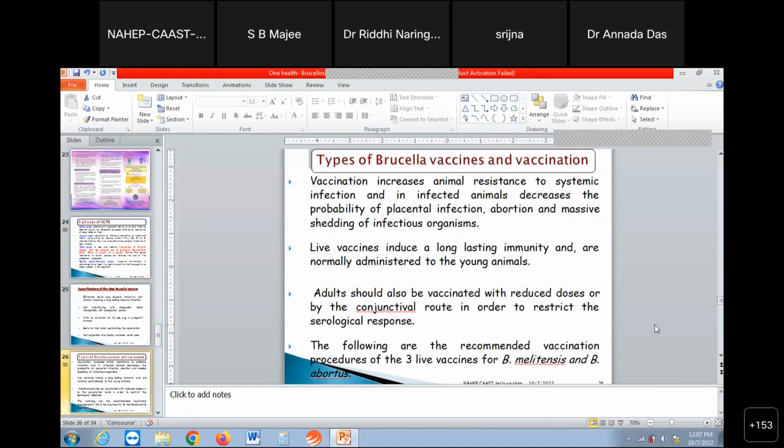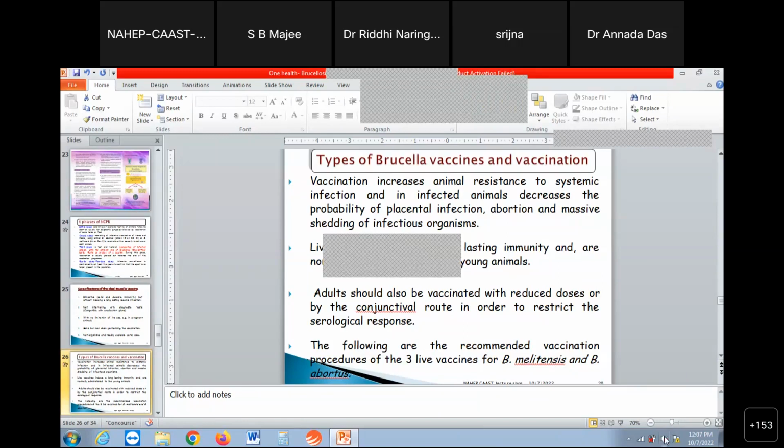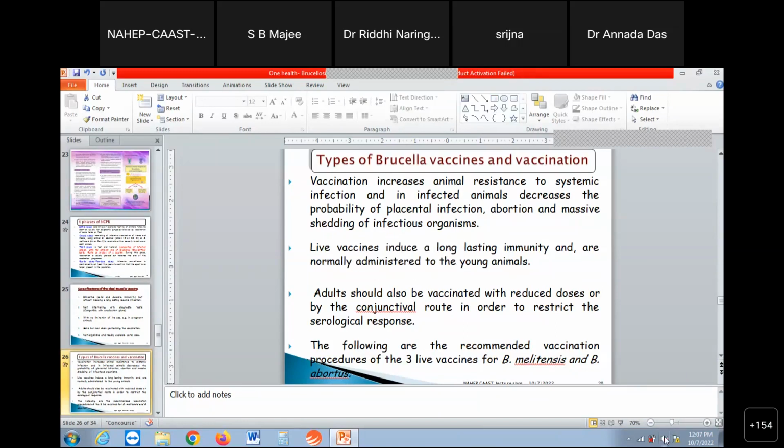When we look at the types of brucella vaccines, vaccination will increase the animal's resistance to systemic infection, and this decreases the probability of placental infection, abortion, and massive shedding of infectious organisms. This is one very important aspect to be considered when using a vaccine.